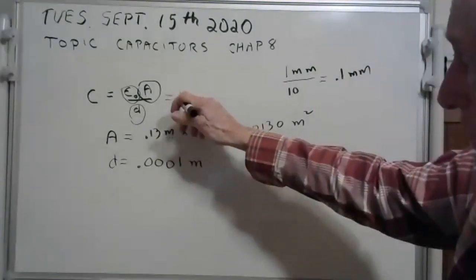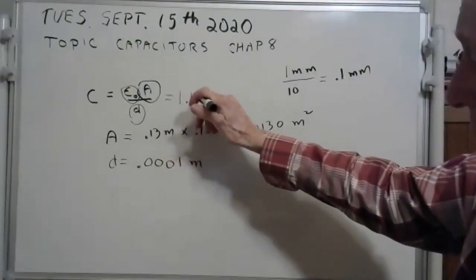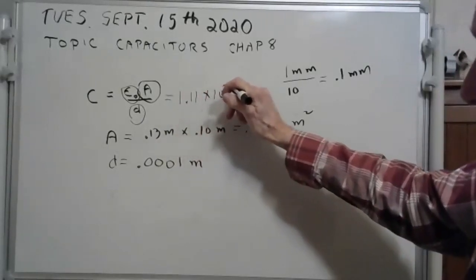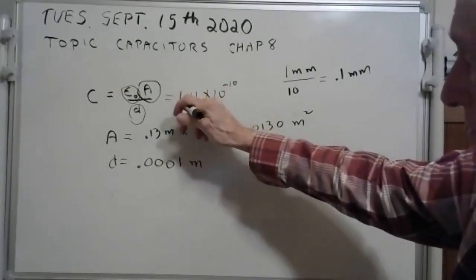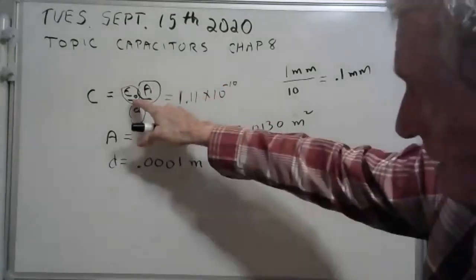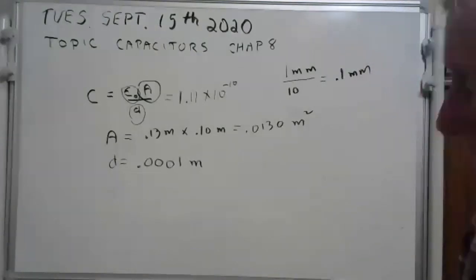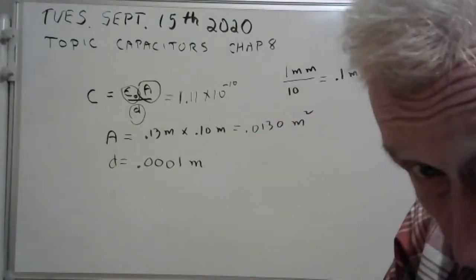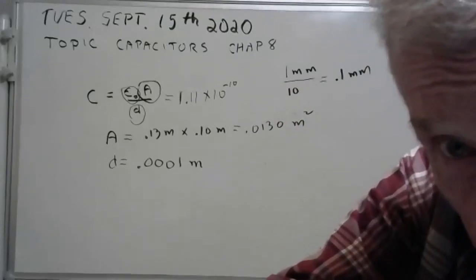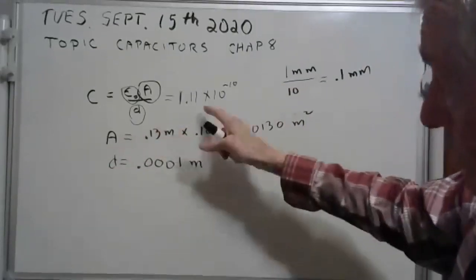How come I got 1.11 times 10 to the negative 10? Do yours again. This is 8.854. Okay, I just did 8.85. Oh, okay. Yours is okay. You just round it off. You're fine.